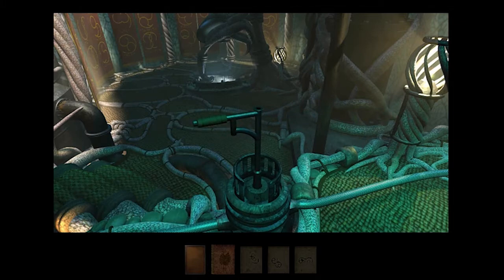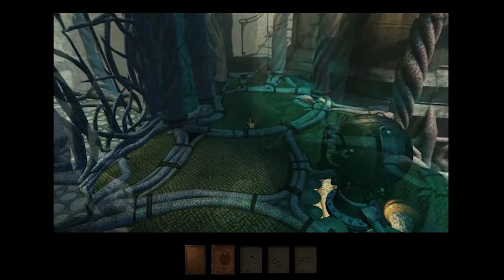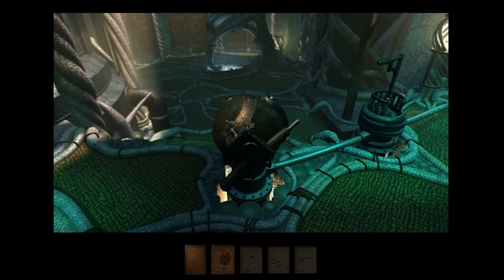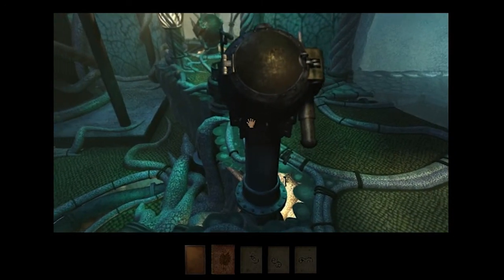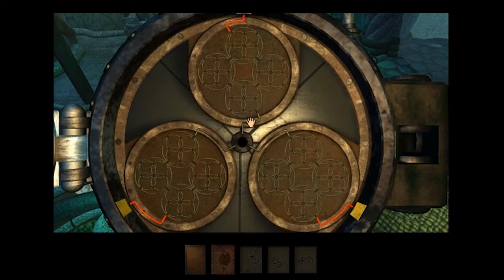Let's turn that back to that one and see what happens to this. Oh, I see. So this is probably where we need to put in the ones from the first 3.